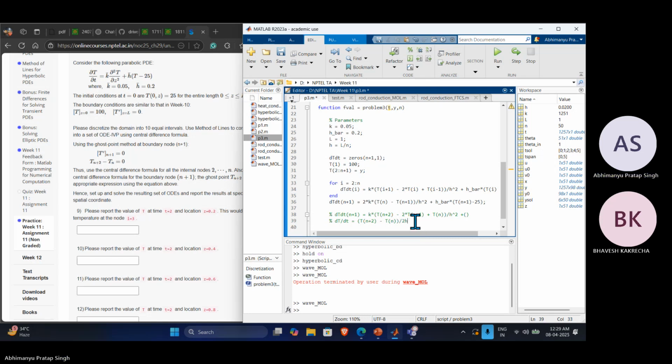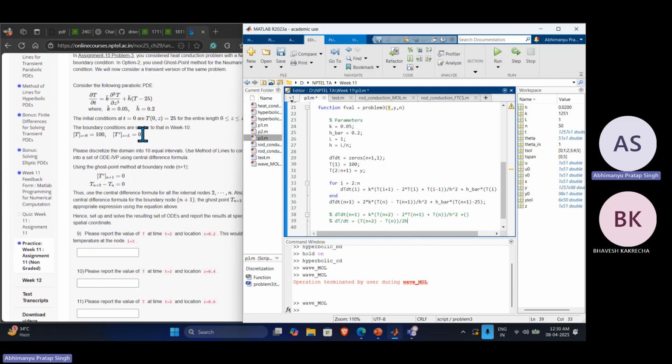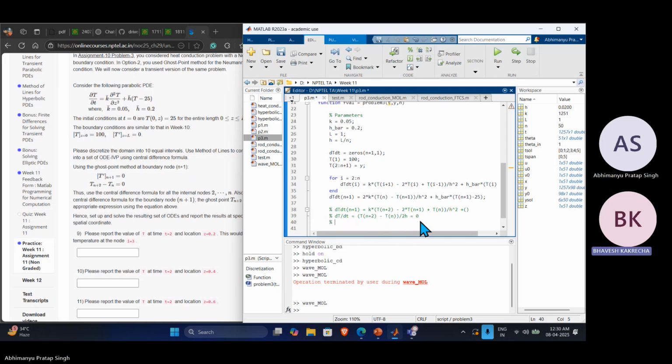So this is a Neumann boundary condition using central difference at node n plus 1. And we are given that this Neumann boundary condition is equal to 0, so this term is equal to 0. So what we get from this is that T_{n+2} is equal to T_n, so it should be replaced with T_n.